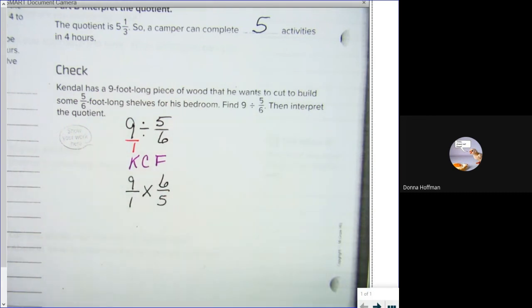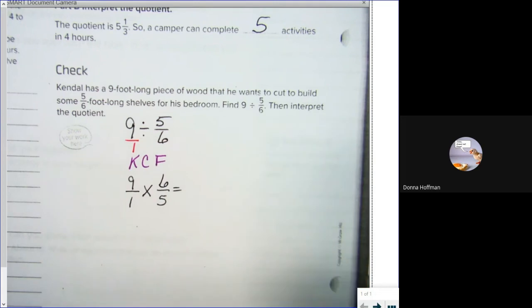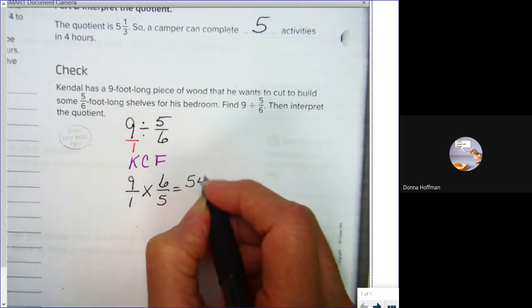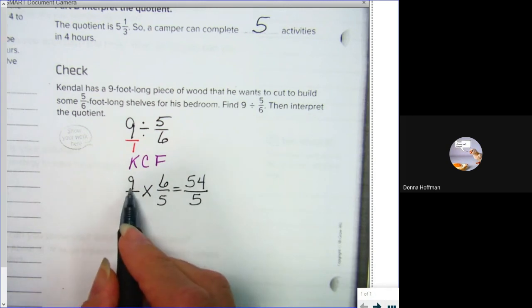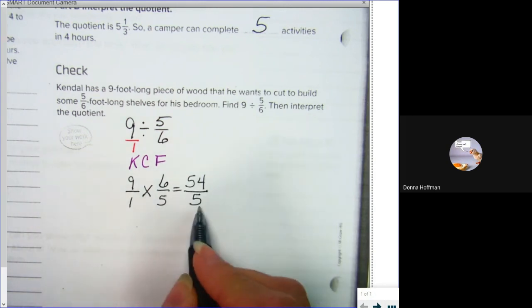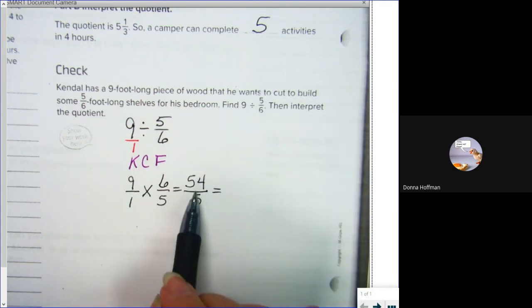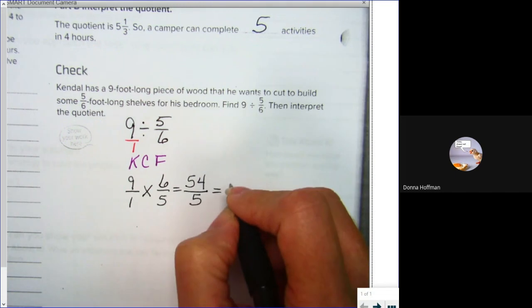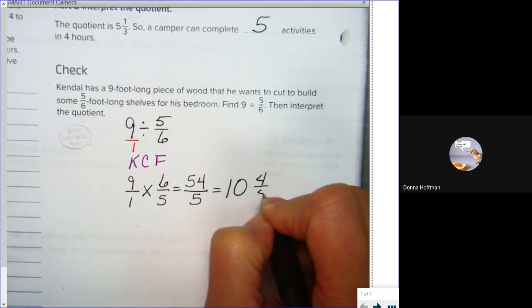I look for cross reduction. I don't have any. I multiply across the top. 9 times 6 gives me 54. 1 times 5 gives me 5. And then I simplify. How many sets of 5 can I take out of 54? It looks like 10 full pieces with 4 pieces left over.